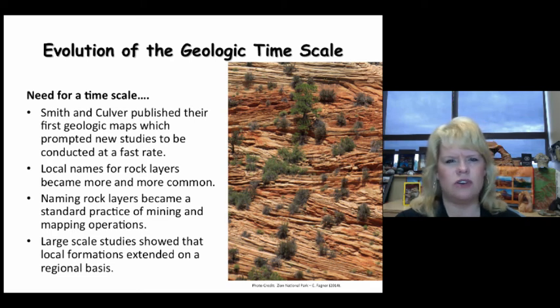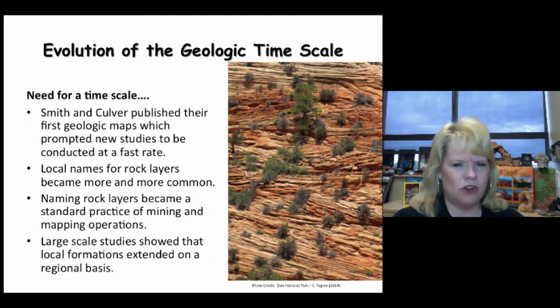So new studies started happening on localized and regional outcrops of geology in order to make more maps similar to what they had done. People started naming rock layers from a local perspective, usually related to the area in which they were first being mapped and analyzed.